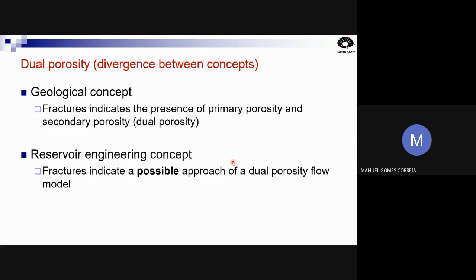But in the reservoir engineering concept, fractures do not always indicate the necessity to use a dual porosity flow model. I'm going to talk about that, because we can also use a single porosity flow model in a fractured reservoir. How? You can make some kind of average between the fracture system and the matrix system and use a single block. So that is the divergence between the geological concept and the reservoir engineering concept.